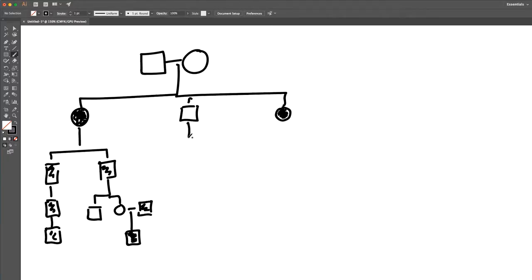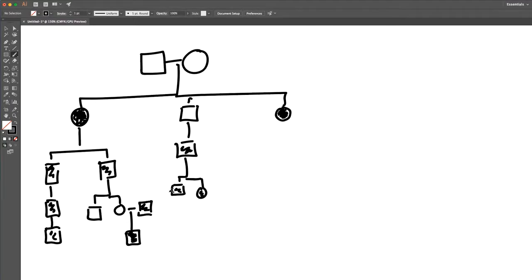This son had a son who's afflicted, and he had a son that was afflicted and a daughter who was afflicted.